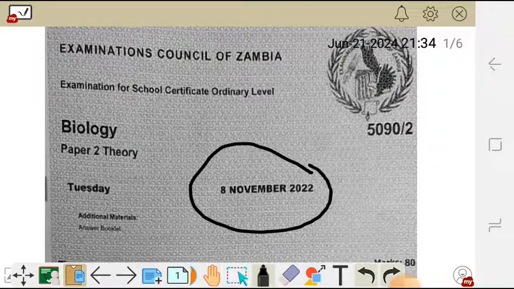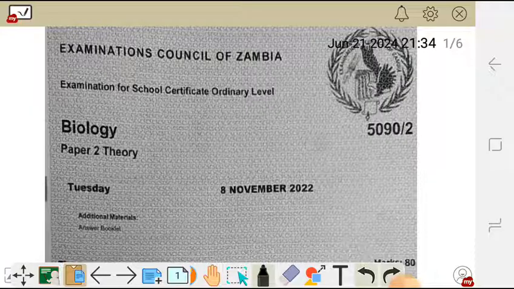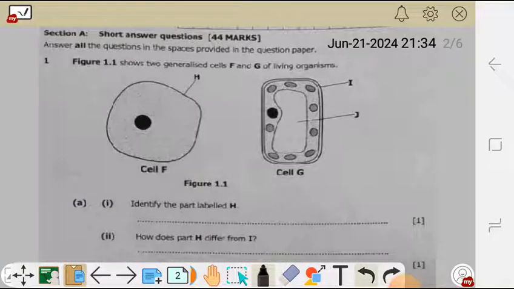In this video we'll go through biology paper 2, which was written in November 2022. This paper consists of two sections: section A and section B. We are going to start with section A, where we have this question, which says figure 1.1 shows two generalized cells, F and G, of living organisms.